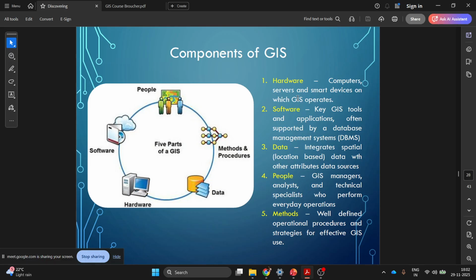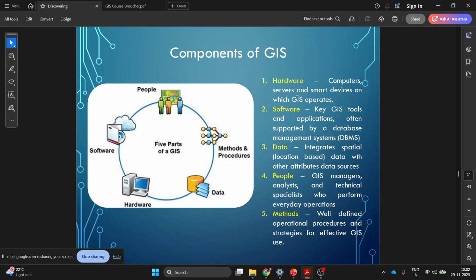And coming to the fifth one, that is methods. We need to have a formalized and proper method in order to develop or get this data. These methods refer to well-defined operational procedures and strategies for effective GIS use. For example, if person A is working on GIS and has stopped working, a new person is appointed.